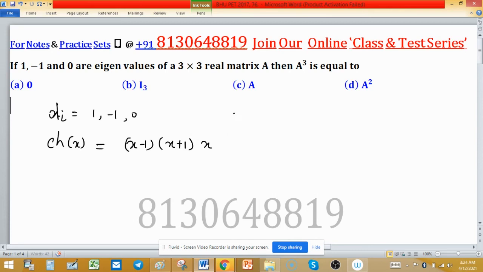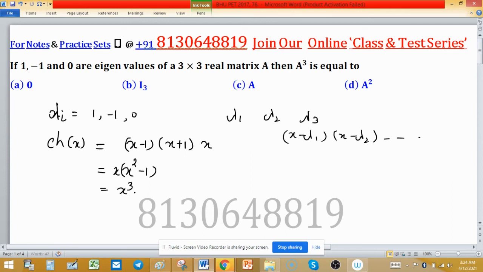How to write the characteristic equation? If lambda 1, lambda 2 and lambda 3 are eigenvalues, then you can write (x minus lambda 1)(x minus lambda 2) and so on, up to the distinct eigenvalues. So x square minus 1, and take x in front of this bracket, so x cube minus x.